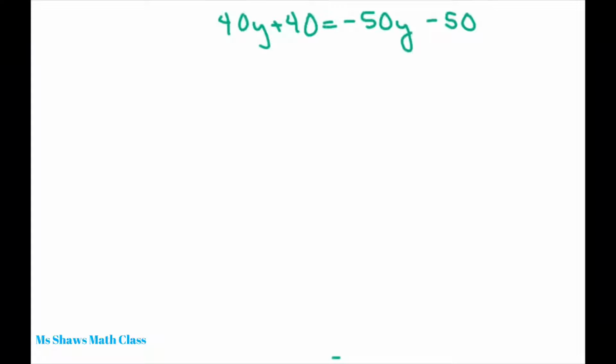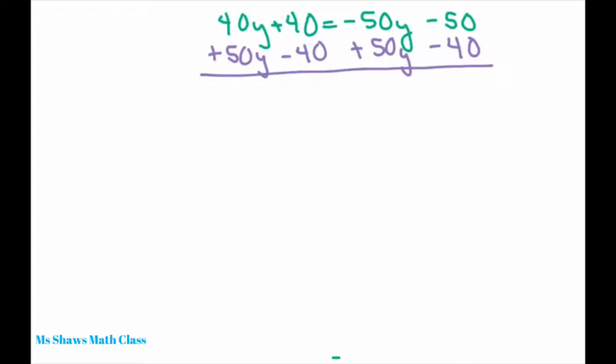Okay, on the final one, I'm going to use the addition property of equality, and I'm also going to use the subtraction property of equality to isolate my y. So we're going to get 90y plus 0 equals 0 minus 90.